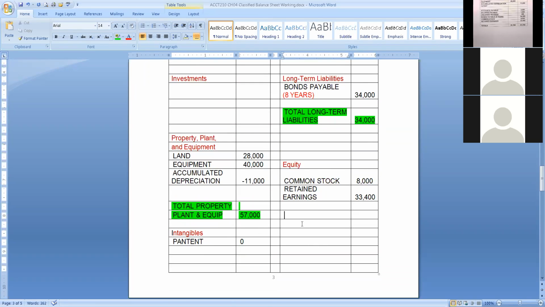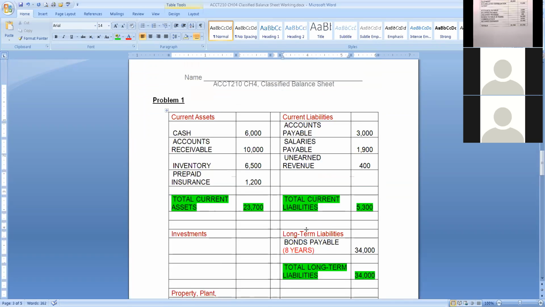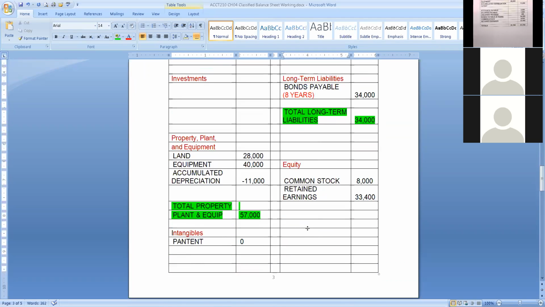All right, so total equity goes to the other, which is 41,400. I better check that. 8,000 plus. Yeah.